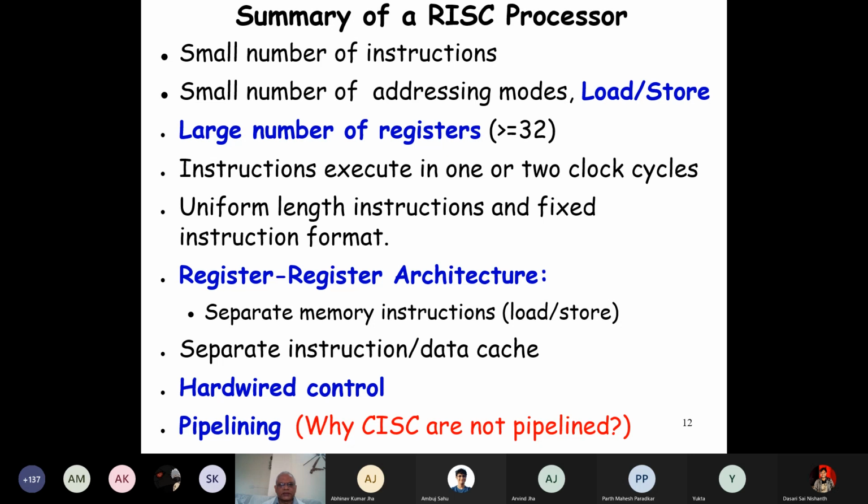So can anybody answer this question: why is it that we don't really have 1024 general purpose registers? We just restrict it to 32 because most of the processors have 32. I have not seen a processor which has 64 registers. Forget about 1024. So 32 general purpose registers, even though we have some thousands of registers inside the processor.